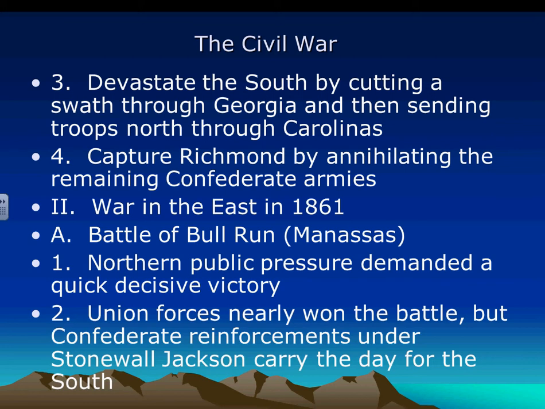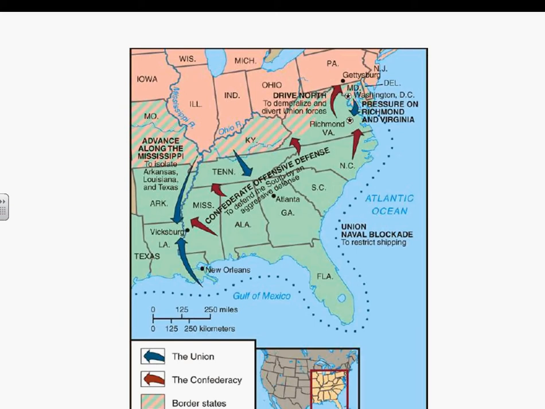There were actual people who came from Washington, D.C., with picnic lunches, buggies, and their families to watch the battle. When the battle turns against the North, these spectators will try to flee the battlefield. They'll clog the roads, further adding to the chaos.